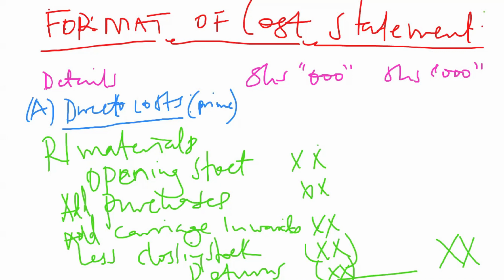So we look at other item. Other item that is within the prime cost or the direct cost. So direct labor. This is our second line item for direct cost or prime cost.